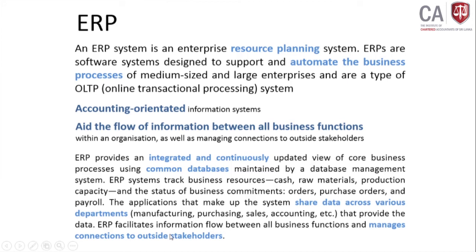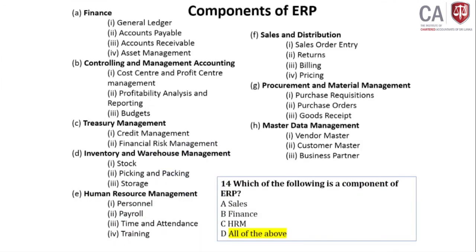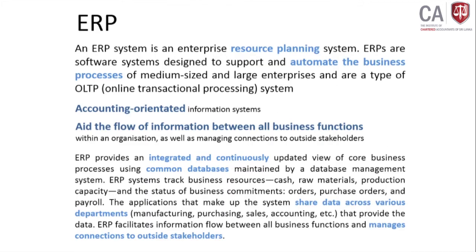It manages all the business functions in the organization, and sometimes it will be linked with outside stakeholders as well. So there are so many components that we have given here. Okay, I'll draw on the board what ERP is.